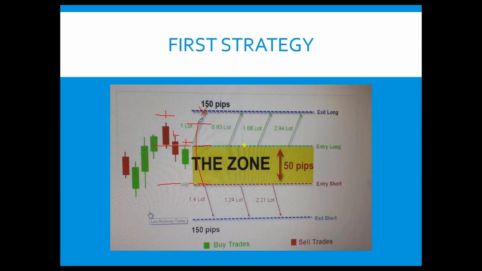If this trade is losing 200 pips, it would be losing 2,000. This would be 2,100. So if the market came to here, this lot size would give us $2,100 profit. This trade, however, would be in $2,000 loss.